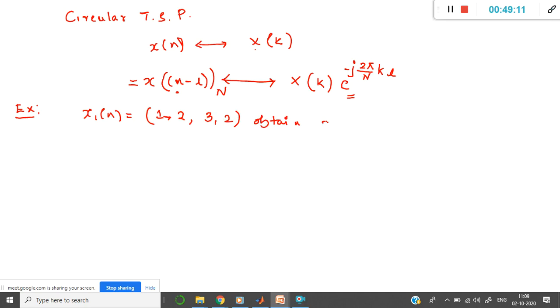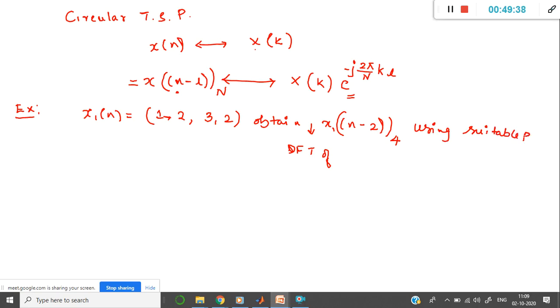Obtain x1 of n minus 2, a circular shift. Obtain the DFT of x1 of n minus 2, circular time shift, using a suitable property.